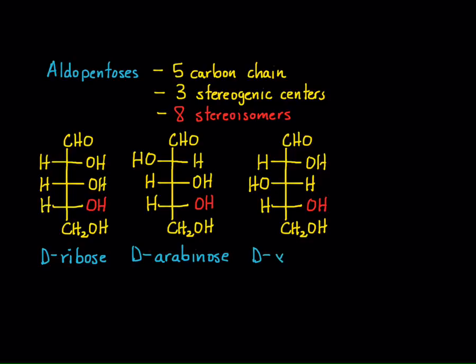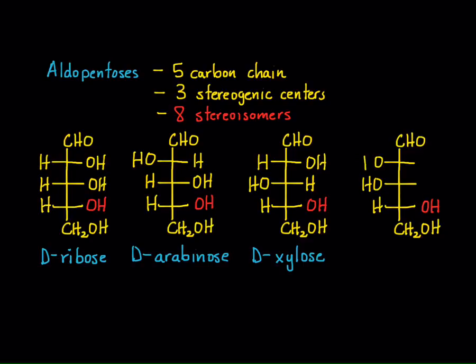So this is D-xylose. And then lastly, I can put both of the top carbon OH groups on the left-hand side, keeping that configurational carbon with the OH on the right. And this is D-lyxose.